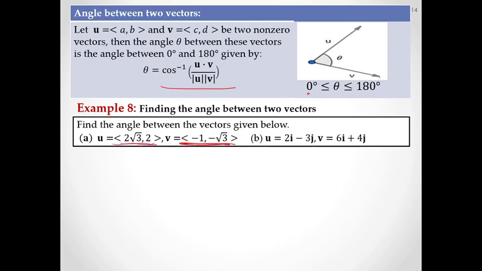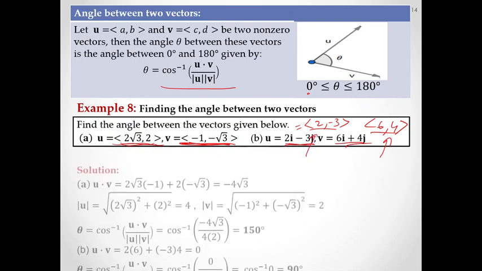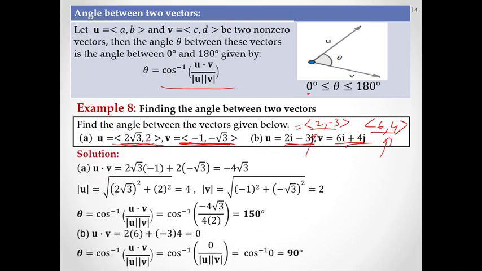One is given in standard form with the components in the usual notation, and the other one is in ij notation. I want to remind you, this is indeed (2, negative 3), and this is (6, 4). Keep this in your mind all the time: the i and j notation means this. Now, let's use the formula. u dot v is what?